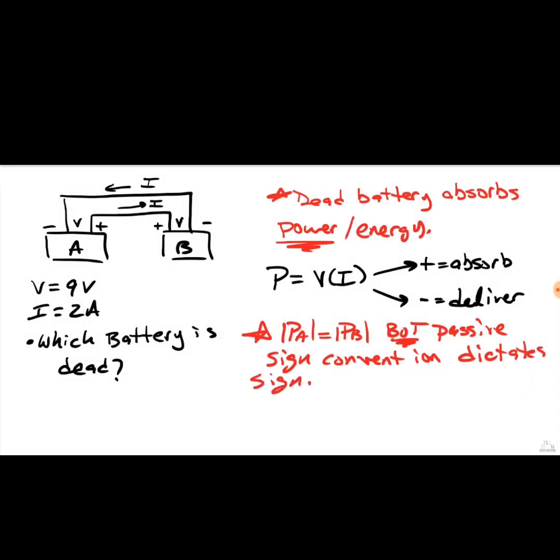So let's look at what happens with the currents. For battery A, I'll do it in blue. The current is going to come down and go through like that. The current goes from negative to positive. That is backward to the sign convention.